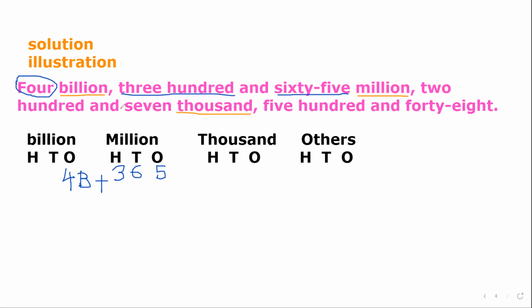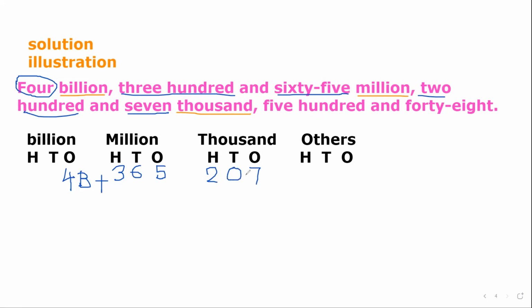Now let's come to the thousand. At the back of the thousand, we have the 7, which belongs to the ones of thousand, so here will be the 7. Then the next, we have the 200, 207. So the 2 will be recorded under the hundreds of the thousand. The question didn't talk about the tens of thousands, so you put 0 to represent that.